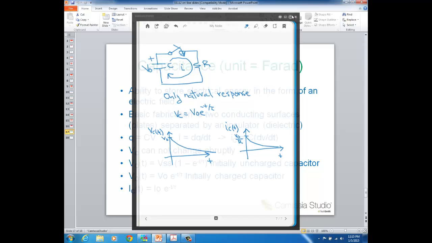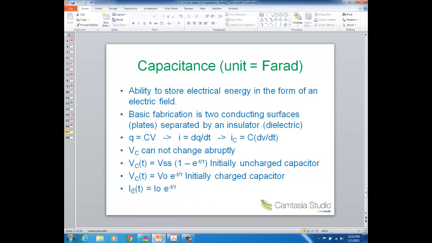That's why in both cases the current has the same form. It's the same decaying current as we saw. So that covers the basics of capacitors.